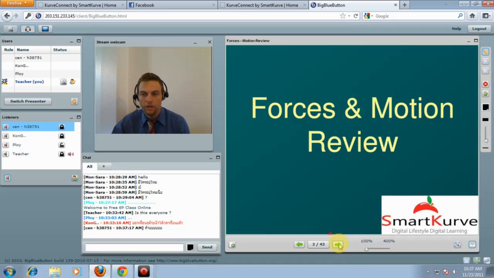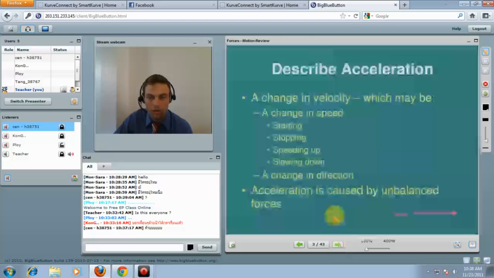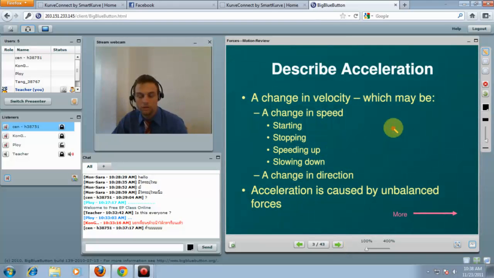So last time we talked a little about forces and motion. We described acceleration. Does anyone remember what the equation is for acceleration? So we have change in velocity over time.